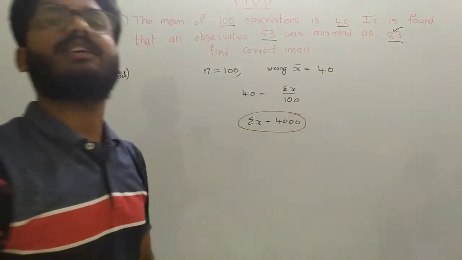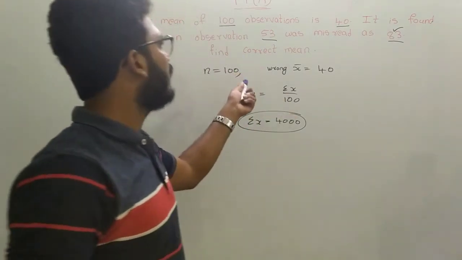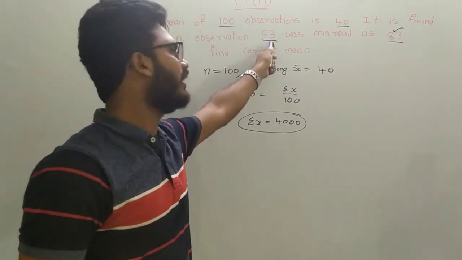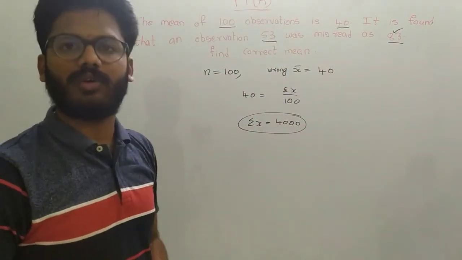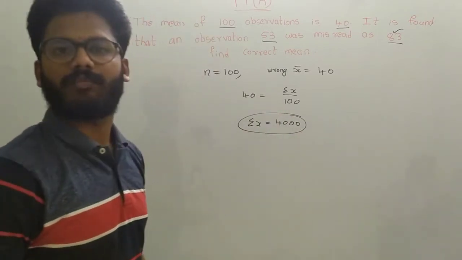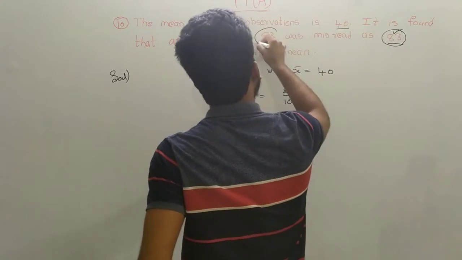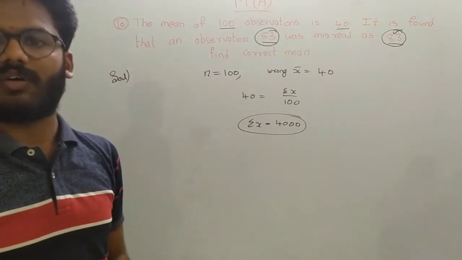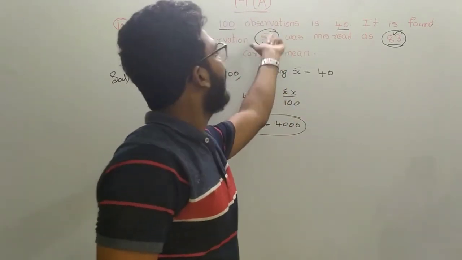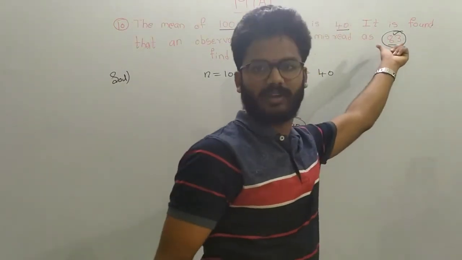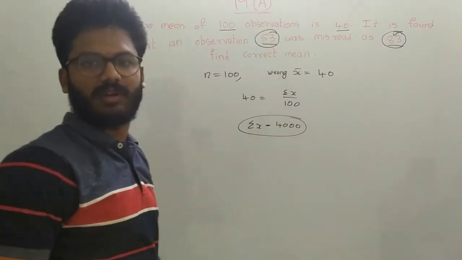So previously, they have taken 83, and the sum is 4000. Now what we have to do from this total sum? We have to remove 83 and we have to add 53. Yes or no? Why? As 53 is the correct observation and they have taken 83 as the wrong observation. So we have to remove the wrong observation and add the correct observation.